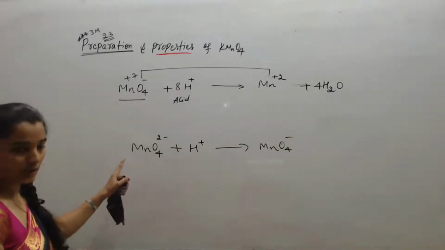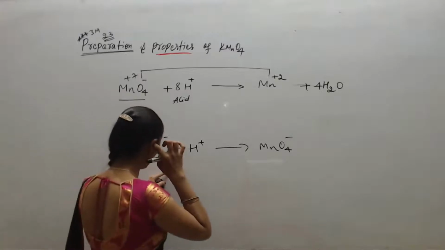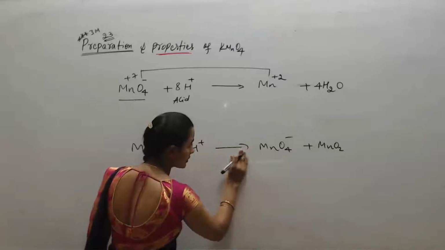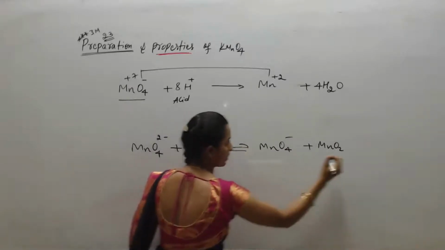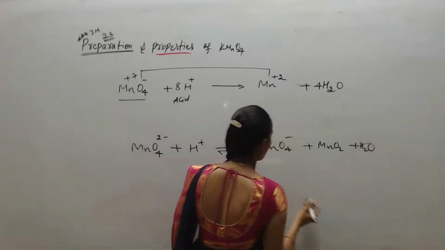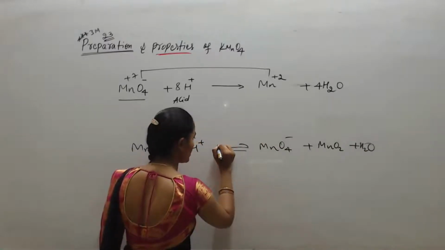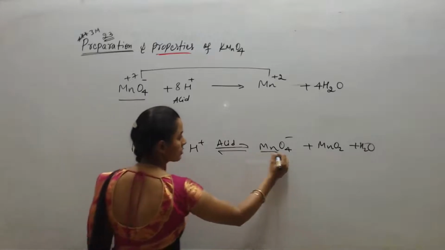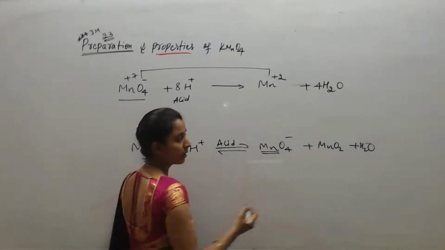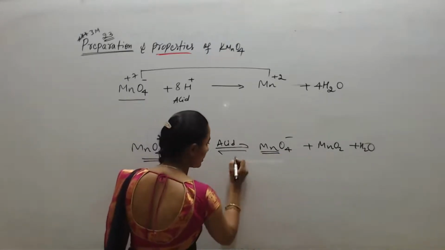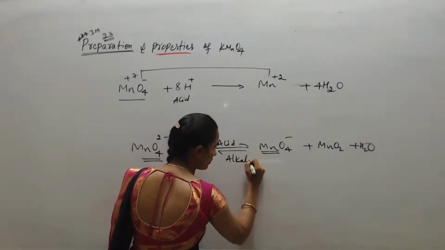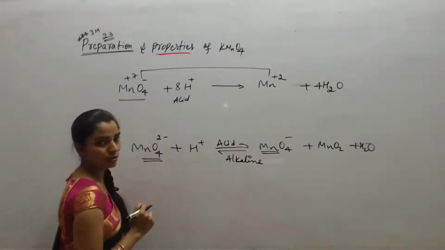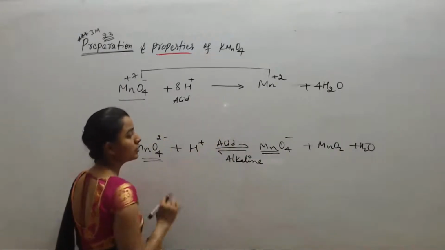You see this reaction, just before reaction would be like MnO2. So if you reverse this, students, plus H2O is there, then what happens? In the acidic medium, in the forward reaction, this manganate changes to permanganate and MnO2. So in the alkaline medium, again this MnO4 minus changes to MnO4 2 minus. That's what I am going to tell here.